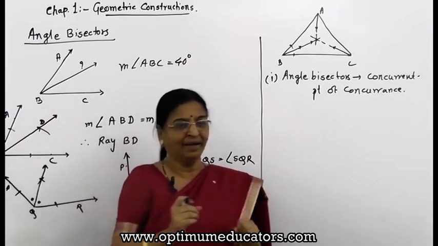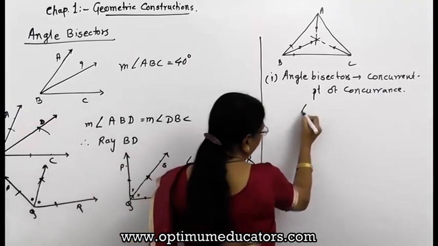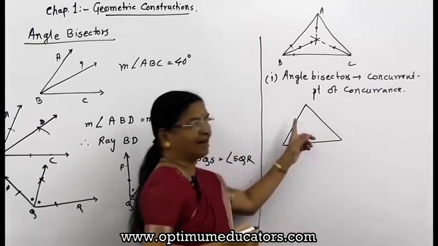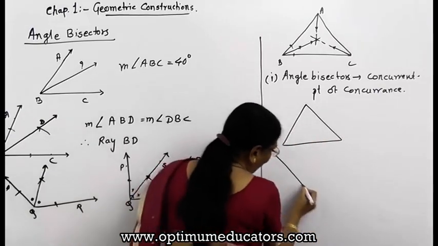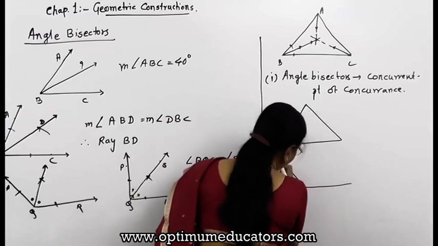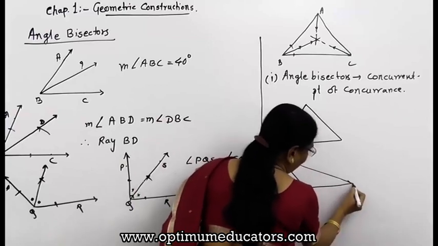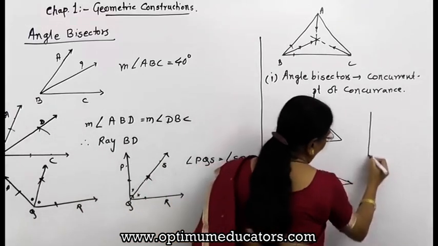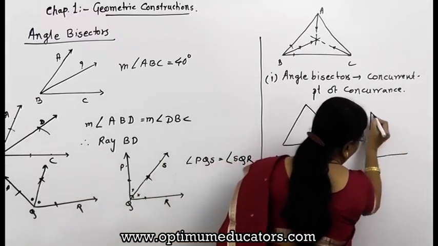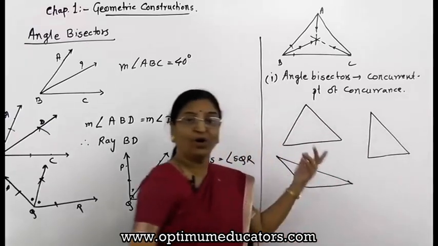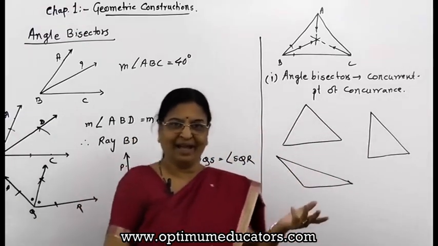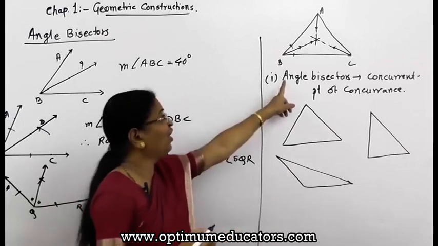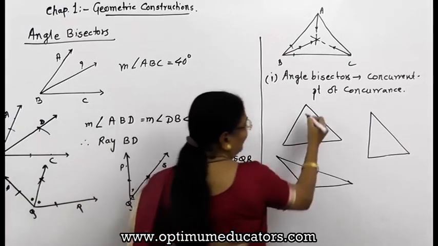Can you try it? See, you can draw any acute angle triangle, that is, all three angles are acute. You can draw an obtuse angle triangle where one angle is obtuse, or of course a right angle triangle. So all types of triangles are there. And now see, where can be the point of concurrence of these angle bisectors of a triangle.